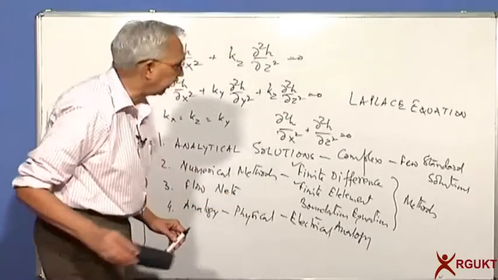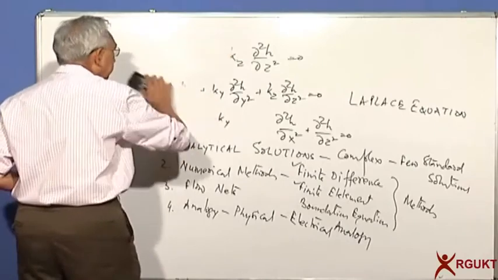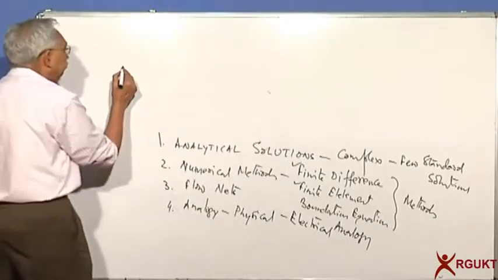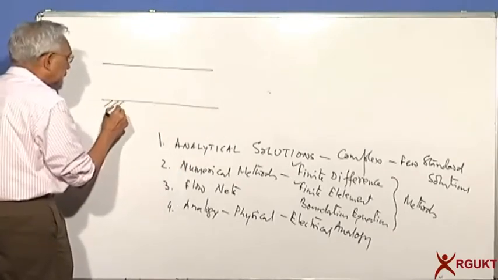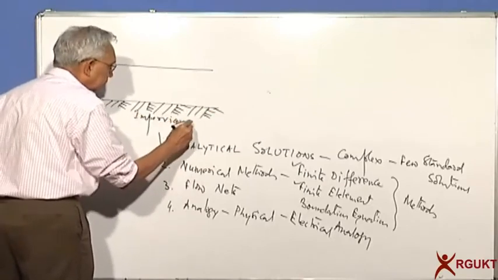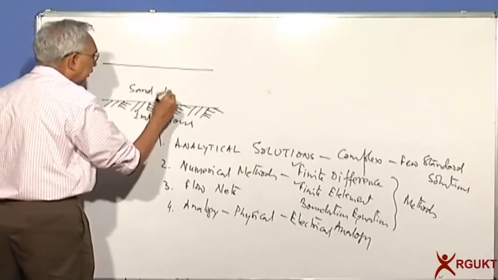Just to give you an idea how an analytical solution is used, I'll give one solution which has been obtained. For example, let us say you have a pervious stratum, this is impervious, this is a sand stratum, so it has high permeability.